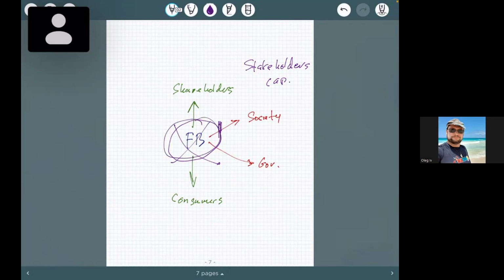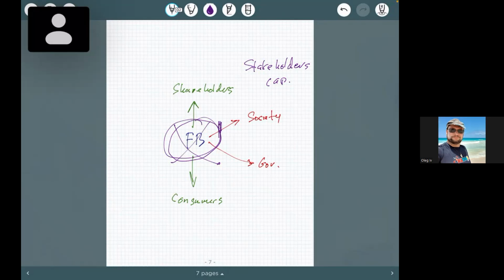So the stakeholder capitalists basically put a lot of pressure on the company, that's for sure, but it says that business should run in a way that benefits everybody, that benefits society and consumers, and has a good relationship with government, not in a way that they corrupt government, but again, in economics, government is good.